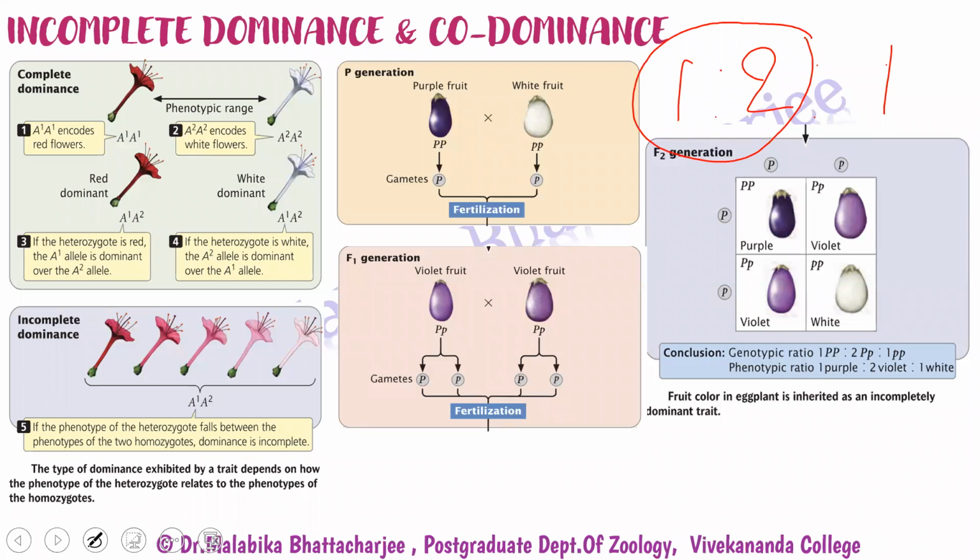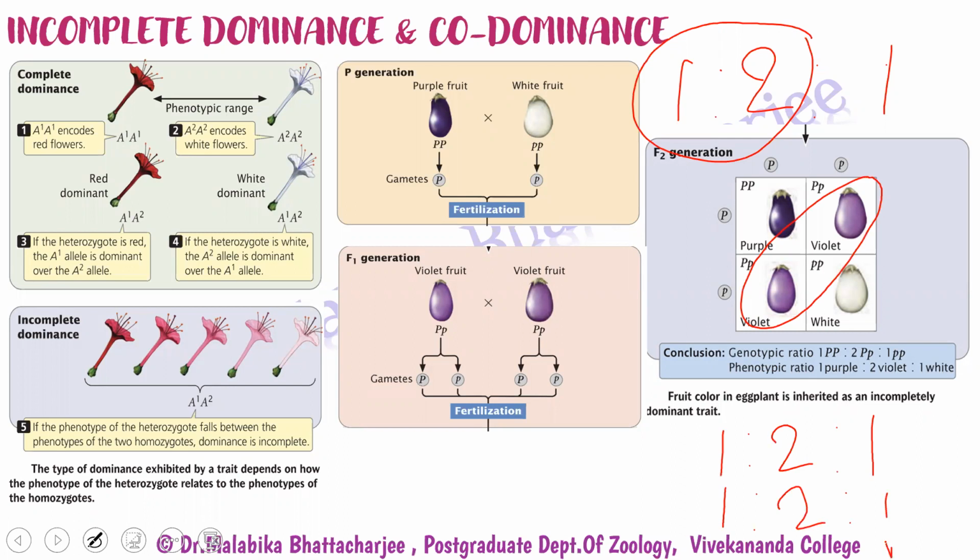In the case of incomplete dominance, we are seeing that the heterozygotes are distinctly different from either of the homozygotes. So phenotypically, it is 1:2:1. Genotypically also, it is 1:2:1.